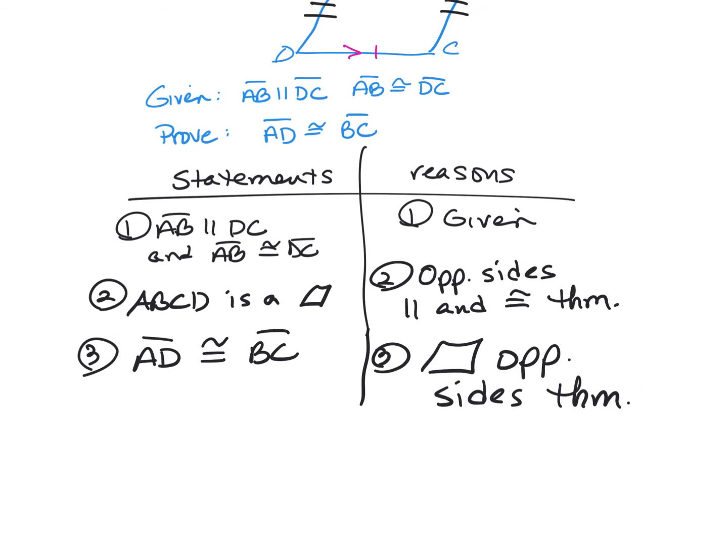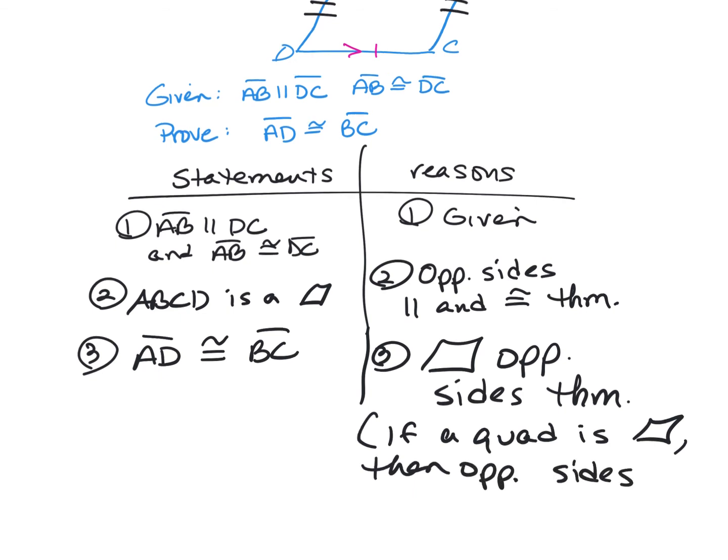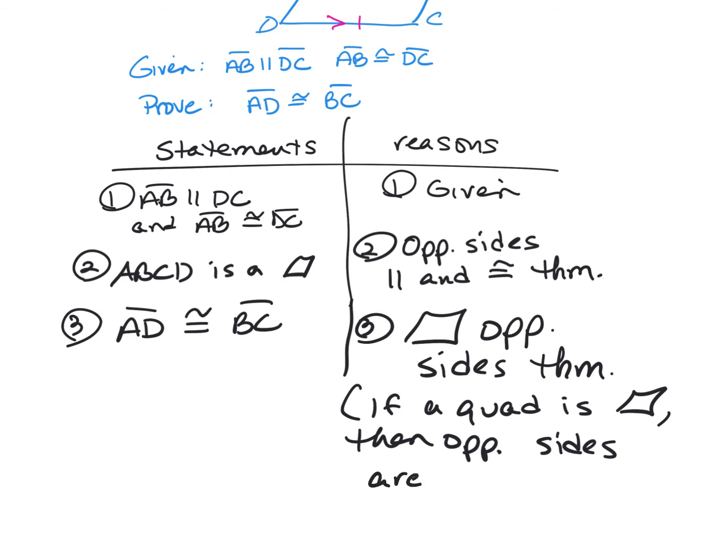On either of these reasons, you could have also restated it if you didn't remember the name. So you could have also said if a quadrilateral is a parallelogram, which is what we stated in statement 2, then opposite sides are congruent. That's what that theorem states.